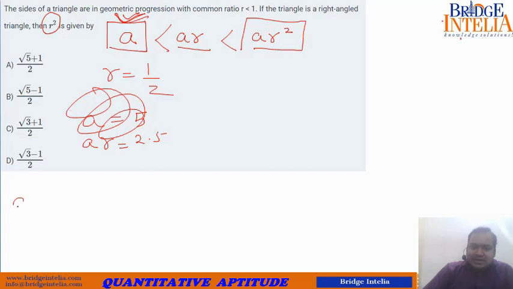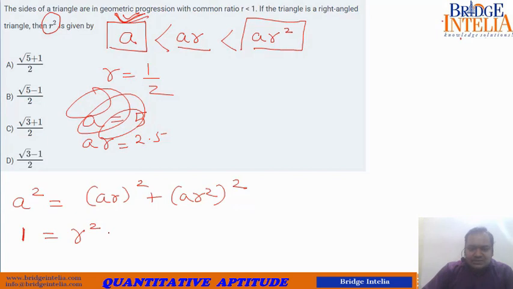So I can say that a square must be equal to ar whole square plus ar square whole square. If you take a square as common, I can say that 1 is equal to r square plus r to the power 4. We have to find the value of r square. So let r square be equal to A. So 1 is equal to A plus A square, or else A square plus A minus 1 is equal to 0.